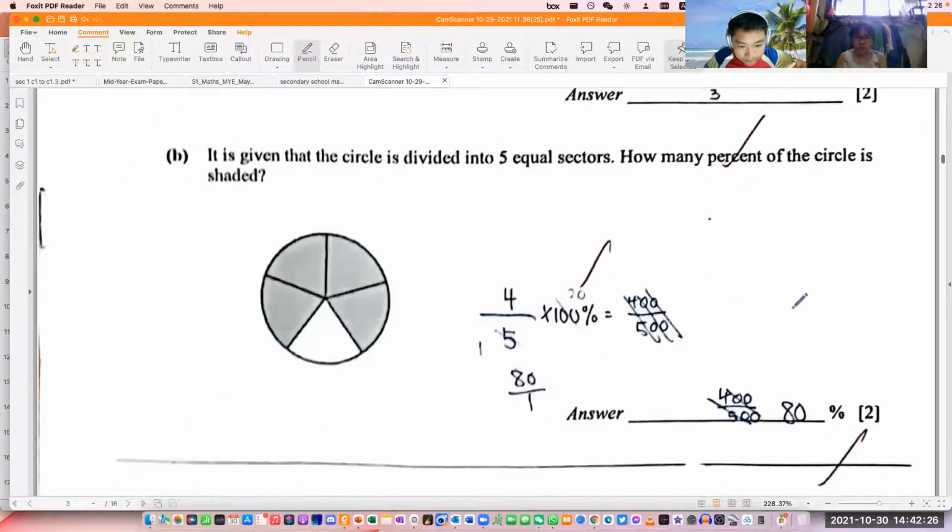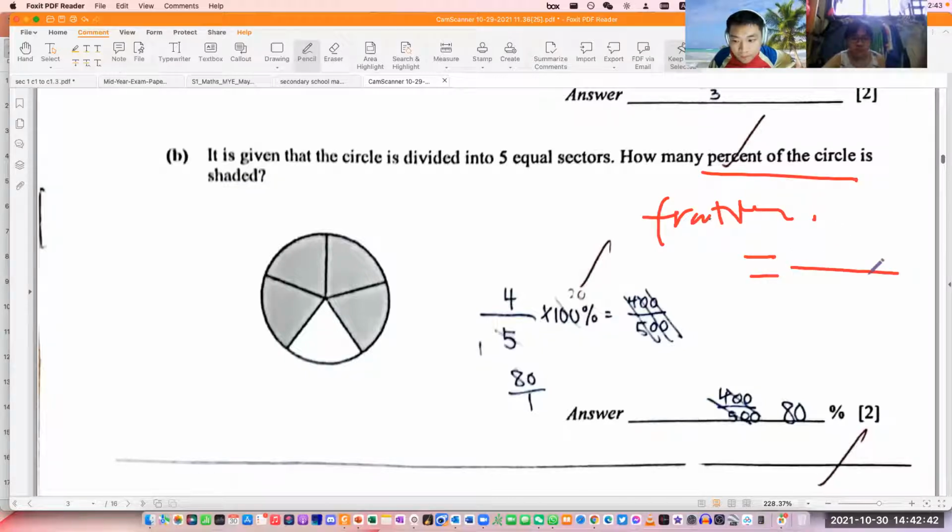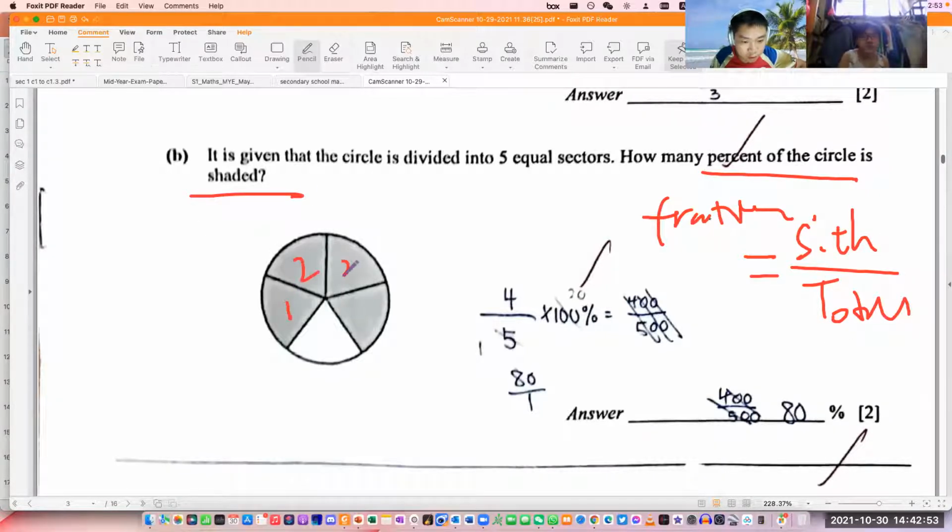Next. Same thing. What percent of the circle is shaded? So first you find the fraction. Once you find the fraction, you convert it. How do you find the fraction? What's the formula? Something over total. Correct. So what's the something here? They want the shaded, right? Something is shaded 1, 2, 3, 4.